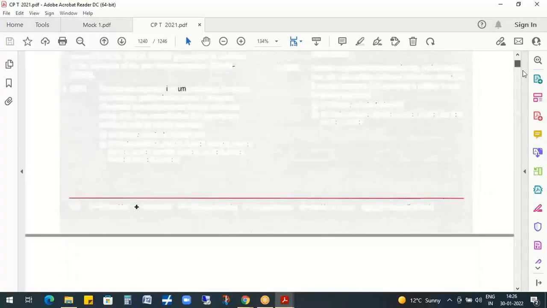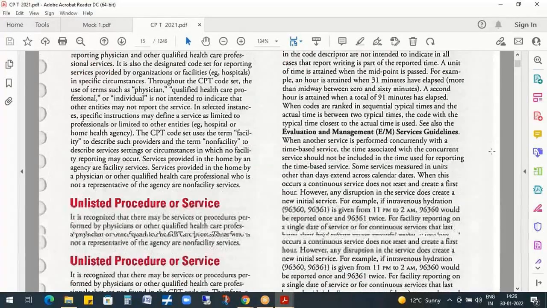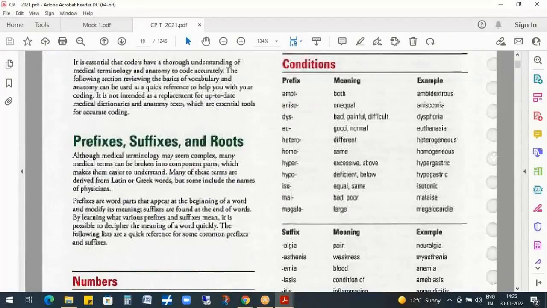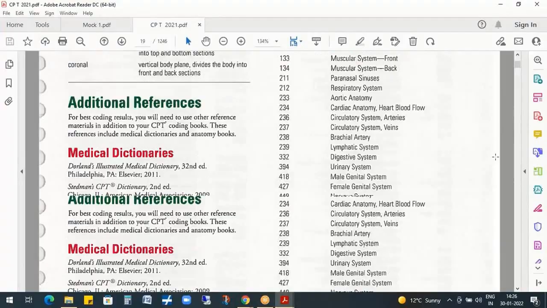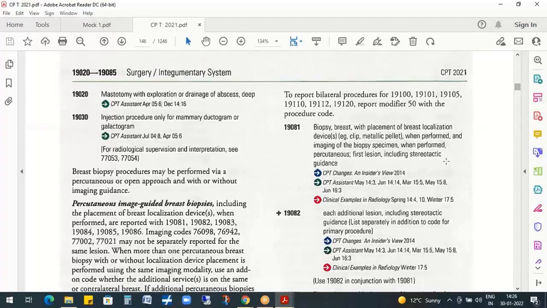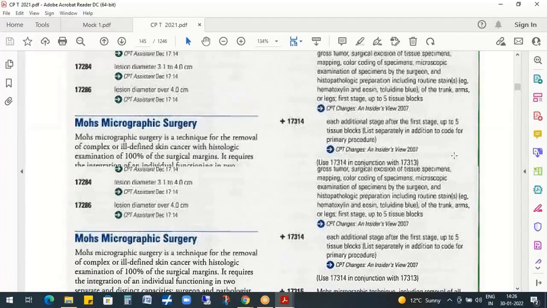Again, go for the index list. Appendix A, B, C, D will be there. Are you able to see that appendix in the contents?